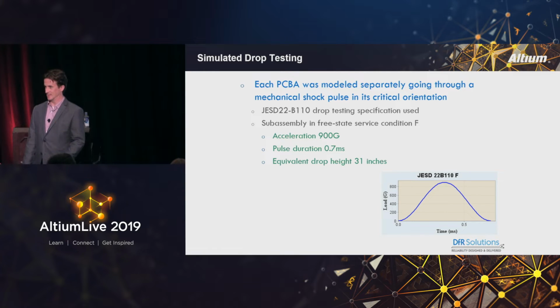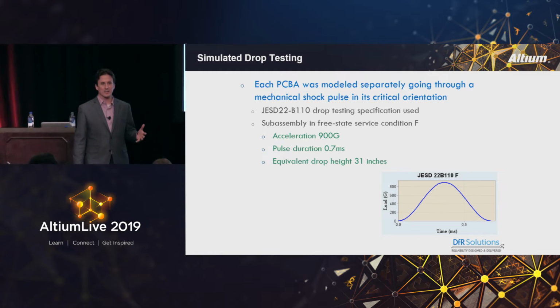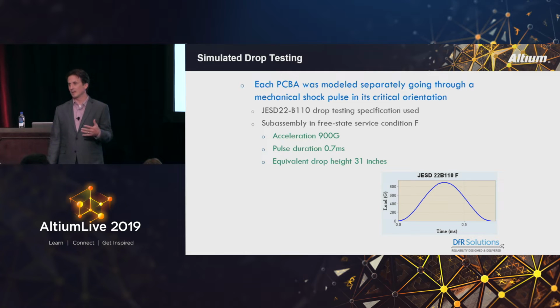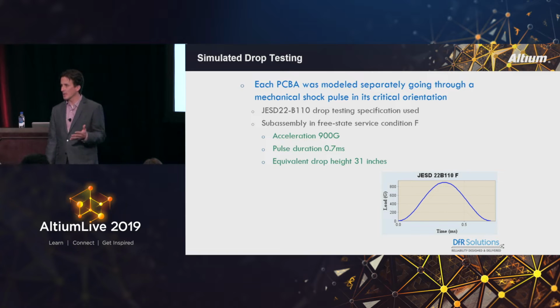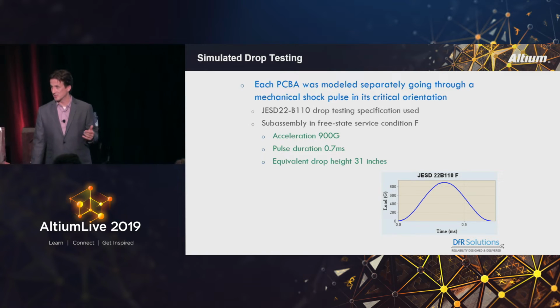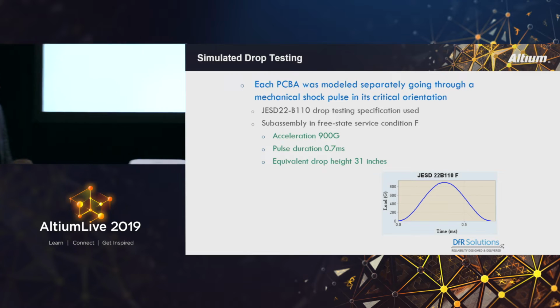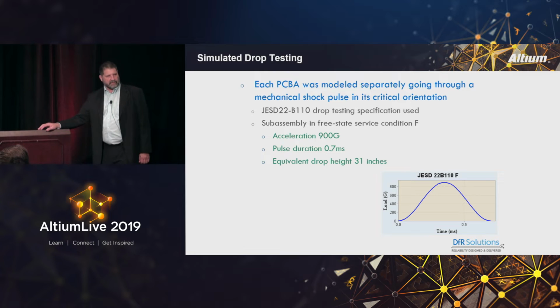900 Gs. Okay? I've worked on products that had to withstand a 200-foot drop, and that was 2,000 Gs. One of the things that gets overlooked is it's not just the end use of the product, it's also the shipping that gets the product there.